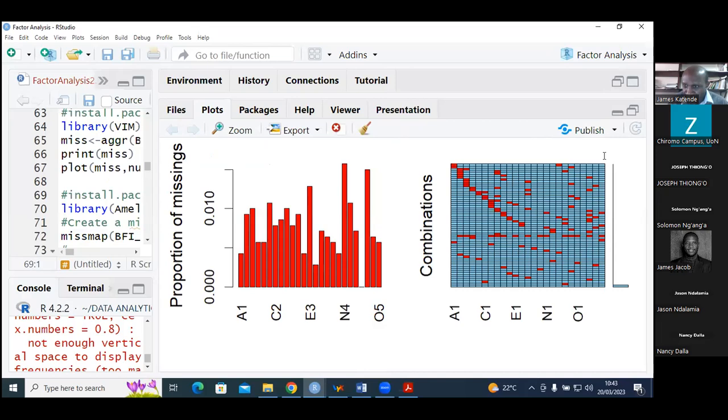But the red represents the missing data. So you can see the missing data is not as much as the complete data. And if you look at the proportions of missing data for each variable, they are quite low, not very high. So that's a good thing.